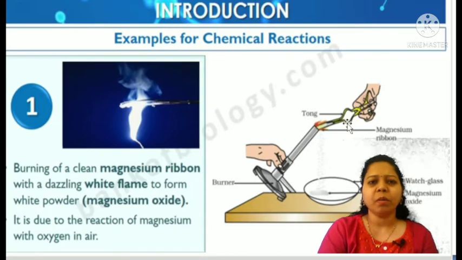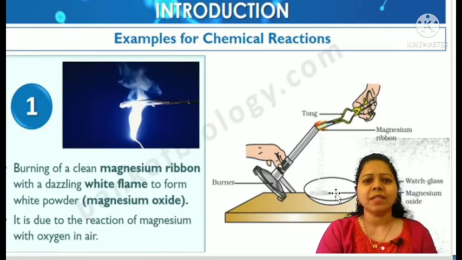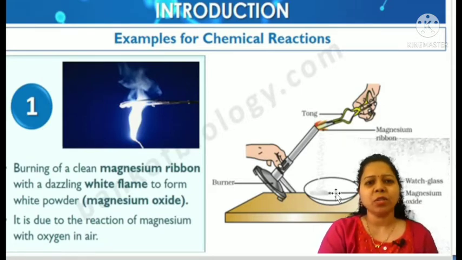Magnesium turns into magnesium oxide, whose chemical composition is completely changed, so this is one example of a chemical reaction.